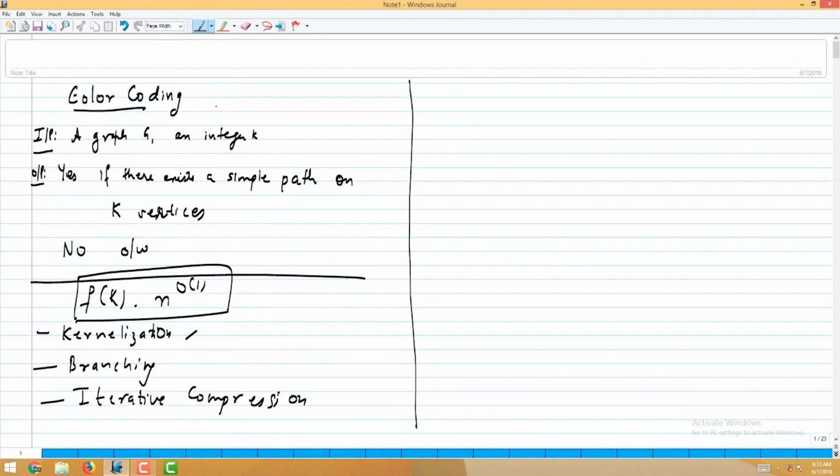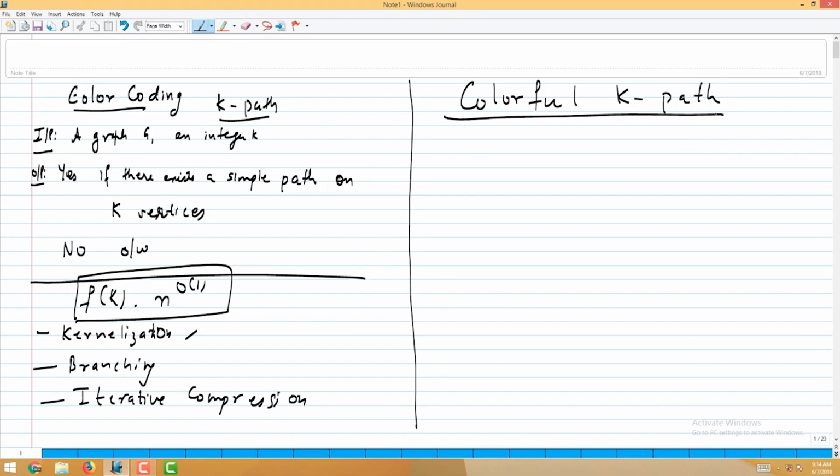Let me begin by defining the colorful version of this problem. This problem is called the k-path problem. So I'm now defining the colorful k-path problem. In the colorful k-path problem, in the input we are given a graph G, an integer k, and a coloring of the vertices of the graph using k colors. So think of the input graph as being colored with k colors. Now this coloring is not a proper coloring of the graph.